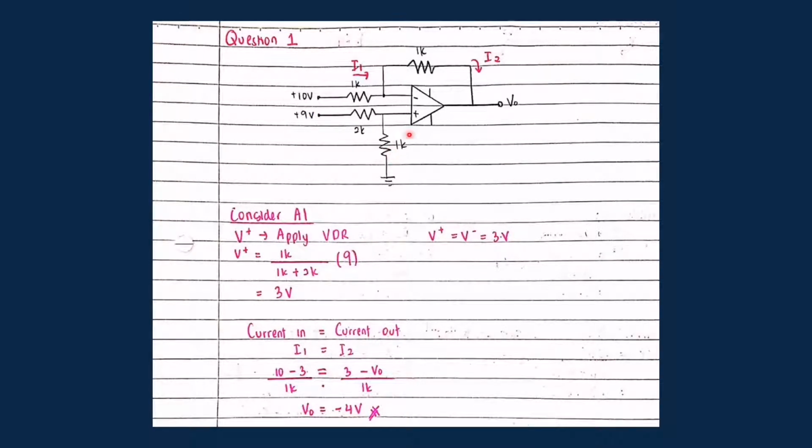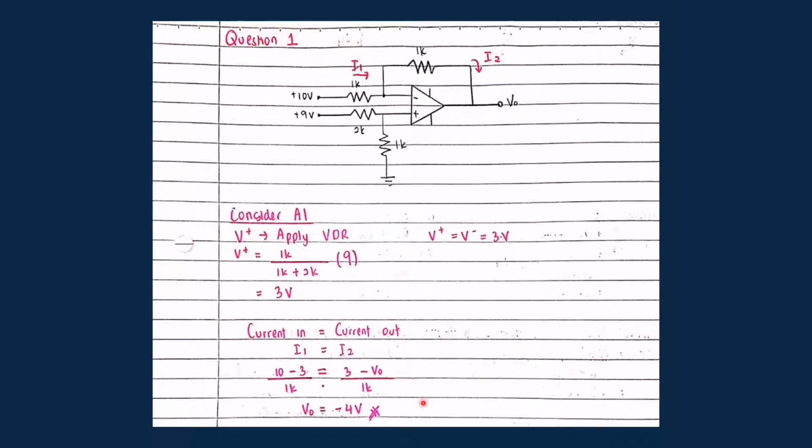As this is the ideal operational amplifier, V plus equals V minus, which is 3 volt, and then I apply the current in and current out method. So to find the V out, V1 equals V2, which is 10 minus 3 over 1k equals 3 minus V node over 1k, and I get a value of V node, which is negative 4 volt.